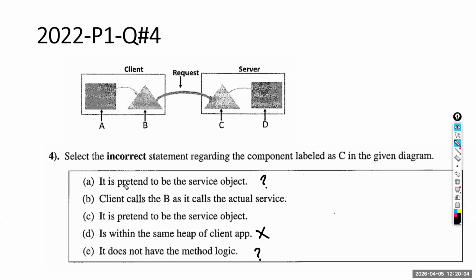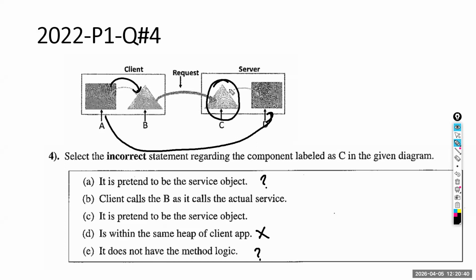Why? It is pretend to be the service object. So they talk about C, right? Yes, right. Your stub is the one that pretends to be the service object for the client, right? So remember, rather than you call this, you call this. So therefore, your client stub pretends to be the service object, right?